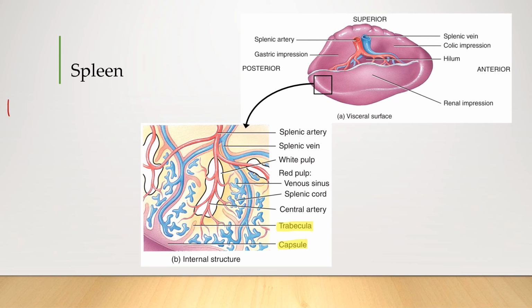The parenchyma, which is the functional part of the spleen, consists of two different kinds of tissue. These are white pulp and red pulp.